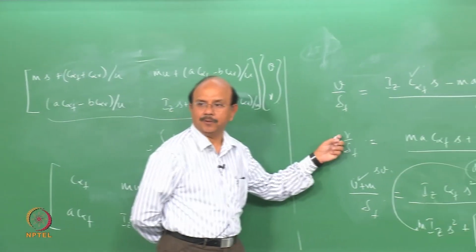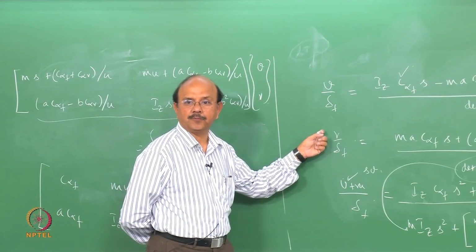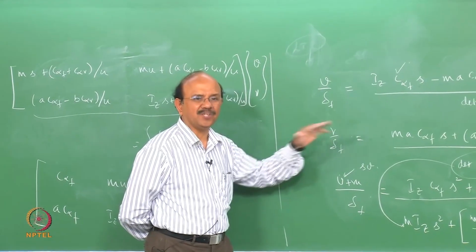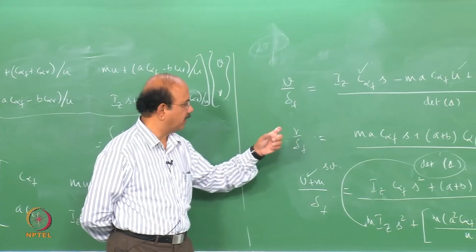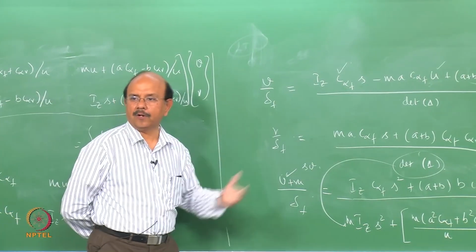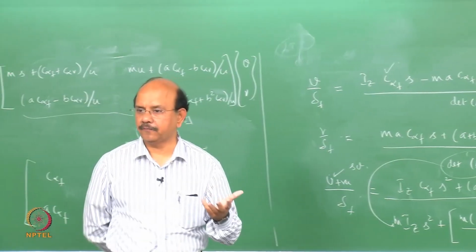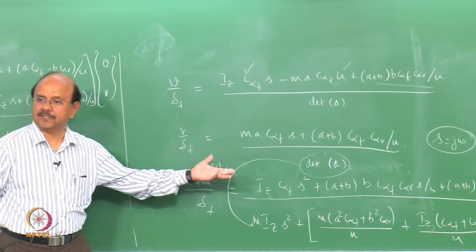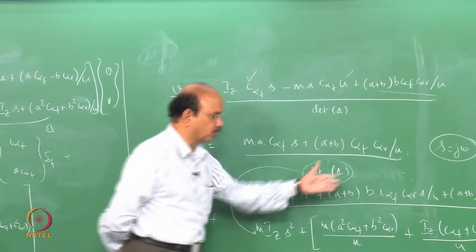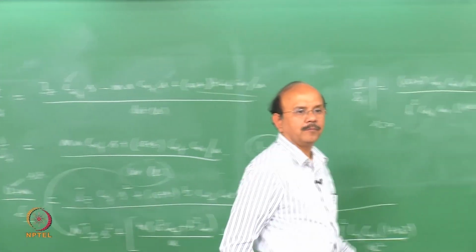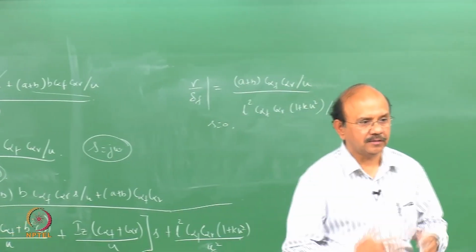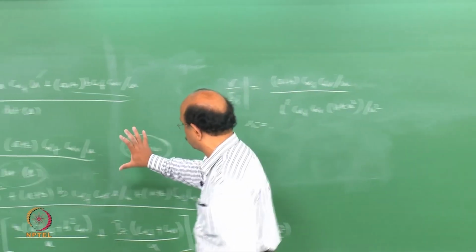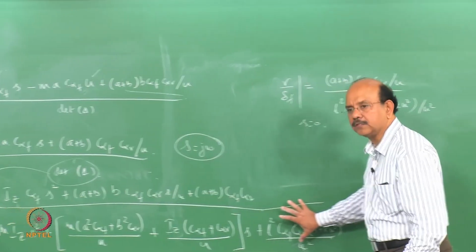This would go to 0, yes. So the frequency response at high frequencies would go to 0, which means that there won't be any yaw velocity for delta f. What about this? This would become a constant because the first two terms would go off. So at very high frequencies, this goes to 0 and this goes to a constant.